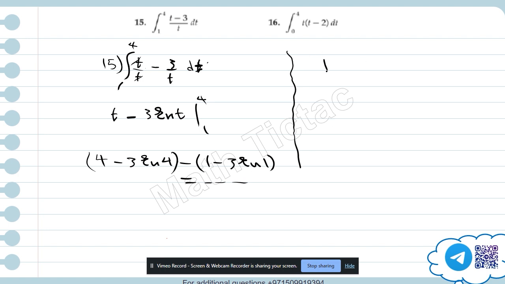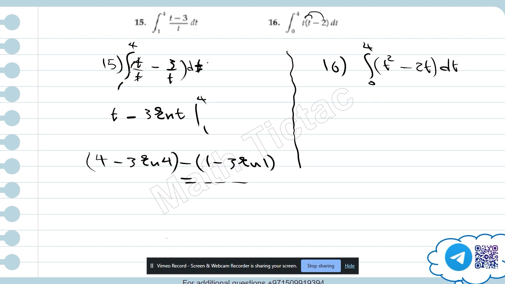The same thing for question 16. So this is integration, so we can use the distributive property. This is t multiplied by t square, and minus 2 multiplied by t, minus 2t dt. Then just find the integration.